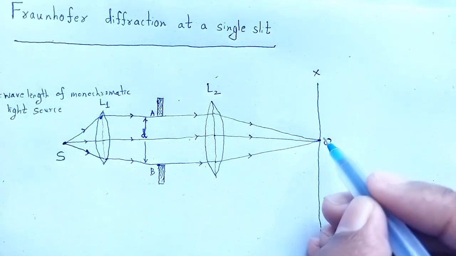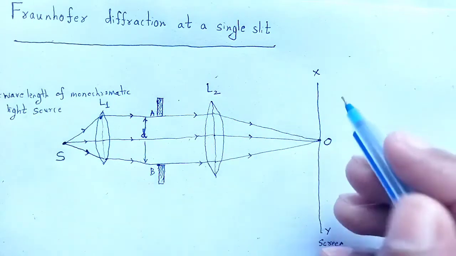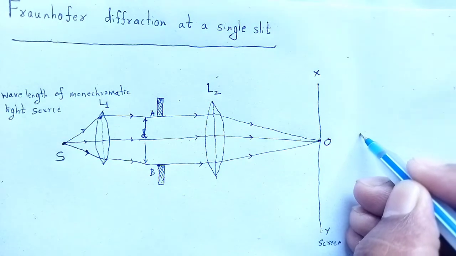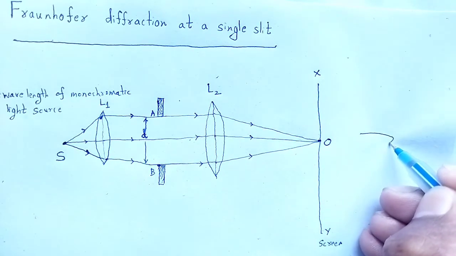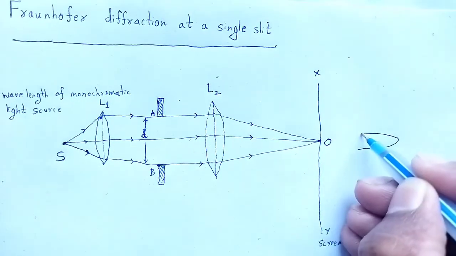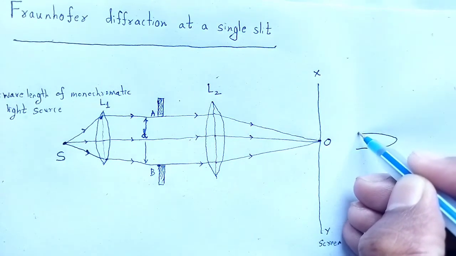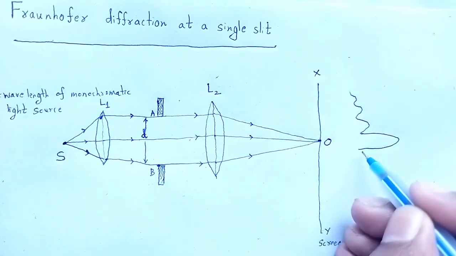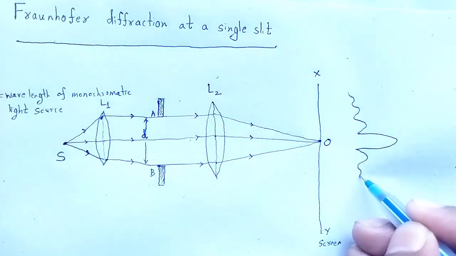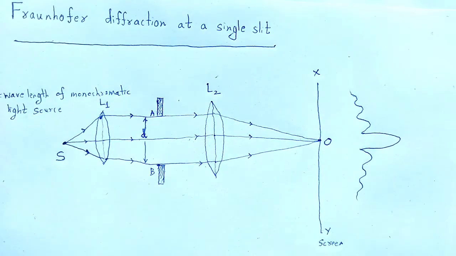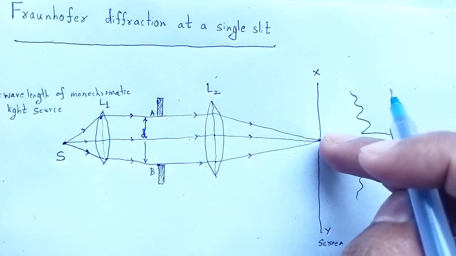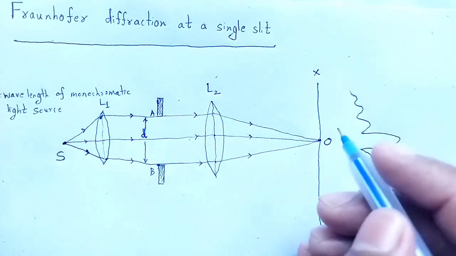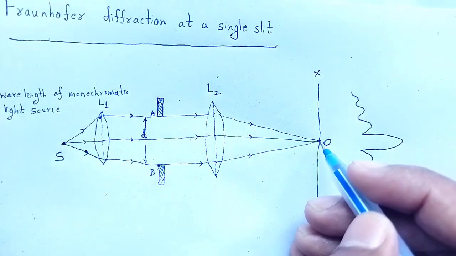Due to diffraction, here we observe the maximum intensity, then the intensity gradually decreases on both sides from O. That is known as the central bright fringe.